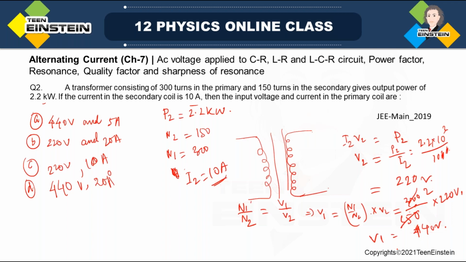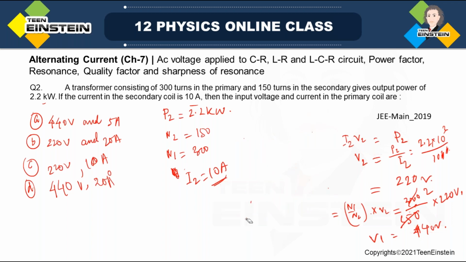Now input current. Let me just erase this part. Another relationship we know, V1 by V2 is equal to I2 by I1.